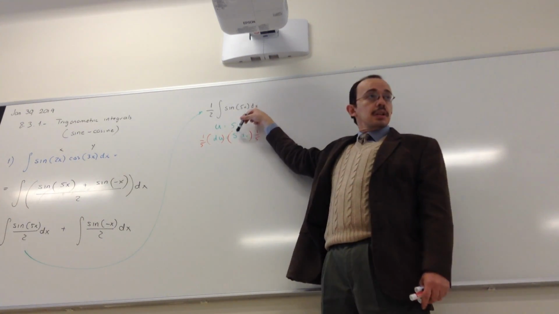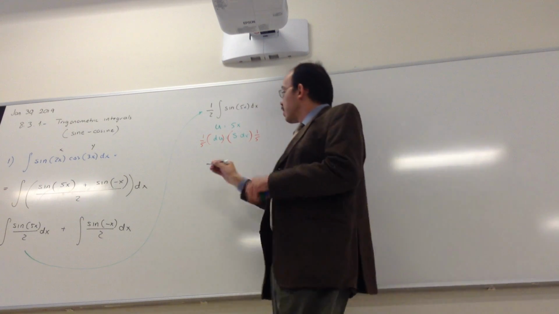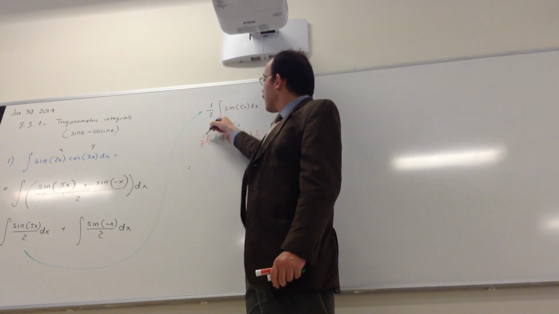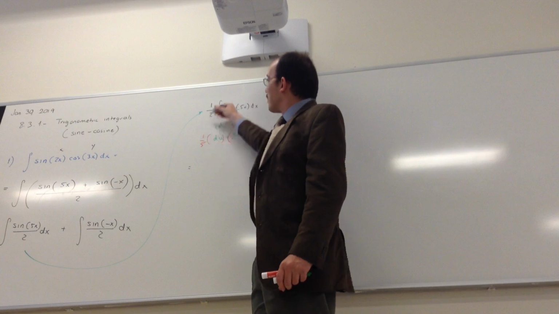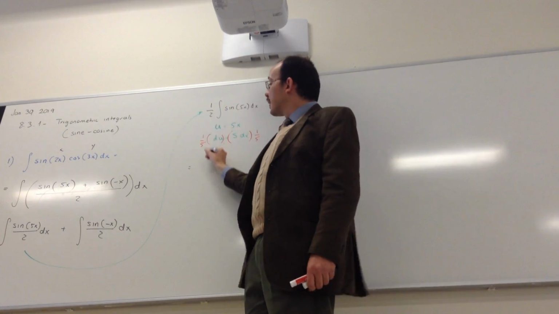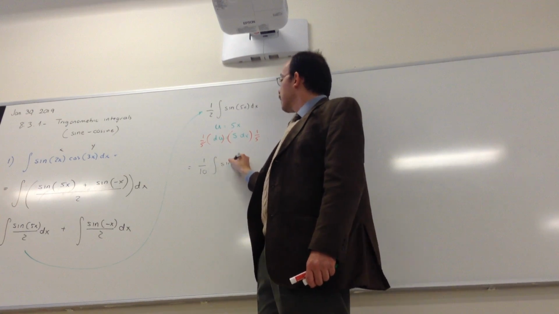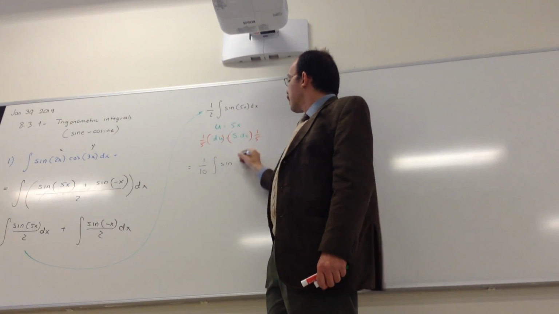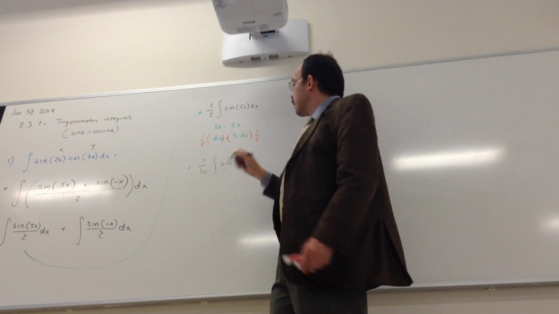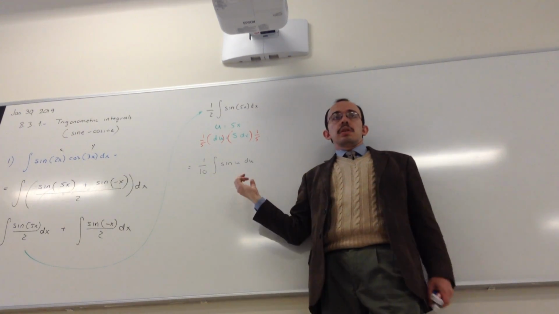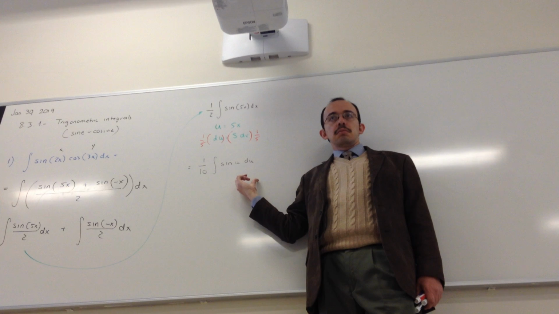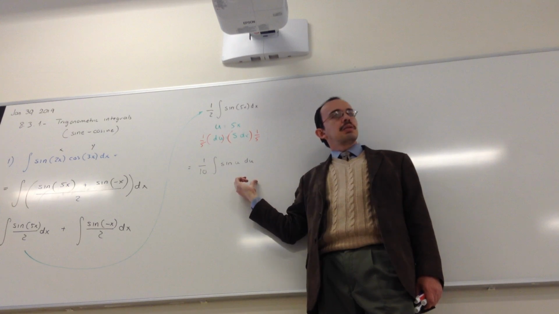So my new integral is going to be the 1/5 times the 1/2 that I have at the beginning, which becomes 1/10 integral of sine of u du. It's substitution. Do you understand what I did?